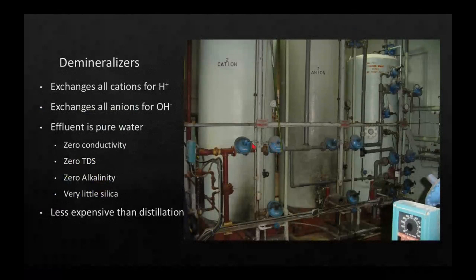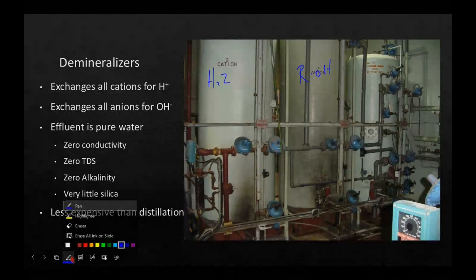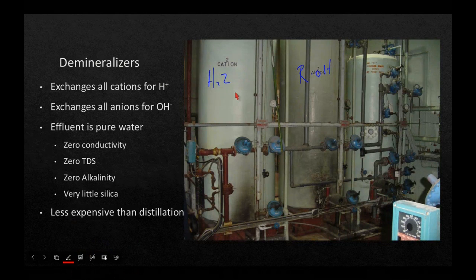So we were going over the demineralizer and we said, well, what we have is an H2Z unit here, and this one here is an R.OH unit. And we had talked about how we are going to exchange ions.